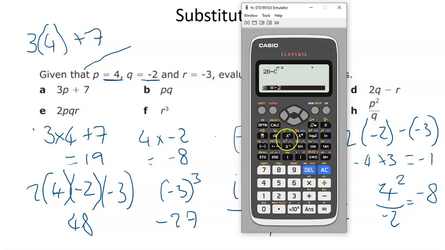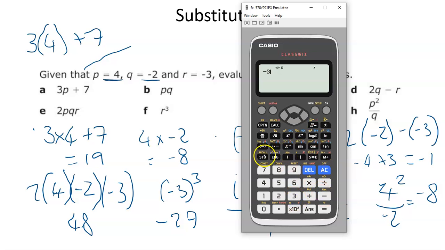Likewise, you can use the store function. Let's say for these questions, P, Q, and R are always the same, which they are. Then you can do it like this. You can say 4, no, hang on, get rid of that. 4 store as A. You see you get this little arrow, say A has become 4, or 4 has gone into A. Minus 2 store as B. Whoa, not 4 minus 2, hang on. Minus 2 store as B, press AC.